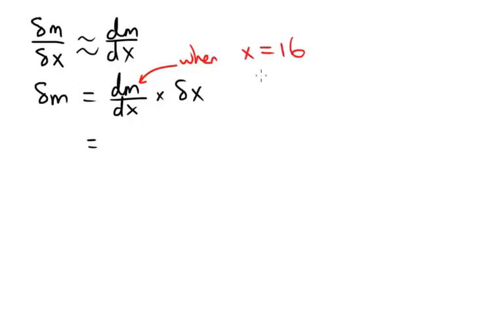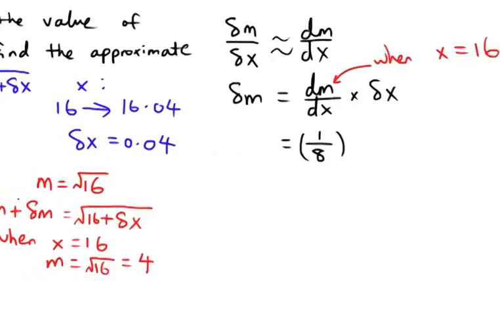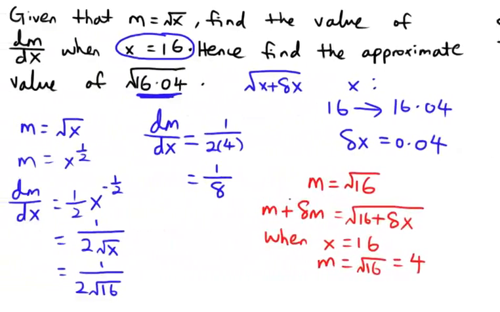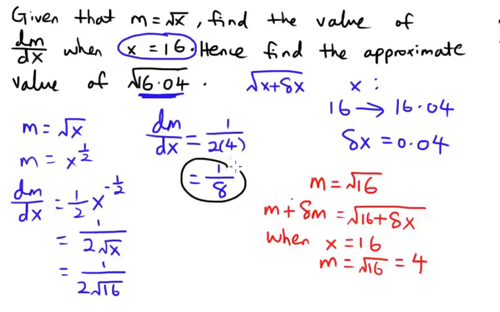Because our original x now is 16, and actually we found in the previous working that dm/dx equals 1 over 8 when x is 16.